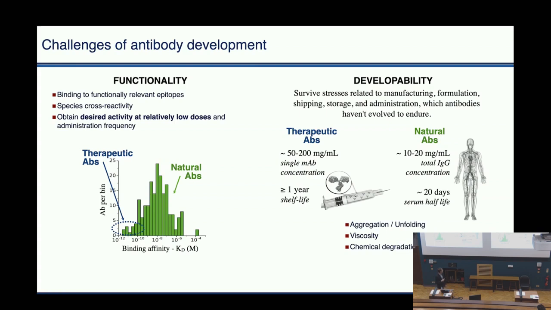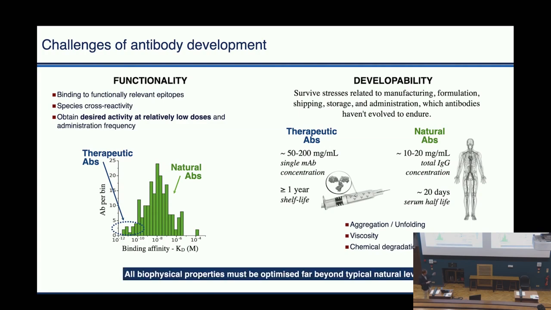And this leads to challenges such as aggregation, unfolding, viscosity, and chemical degradation. So the bottom line of this slide, which was very crowded, is really that to develop antibodies, often one needs to push all biophysical properties beyond the typical natural level. So that's the key challenge, really.